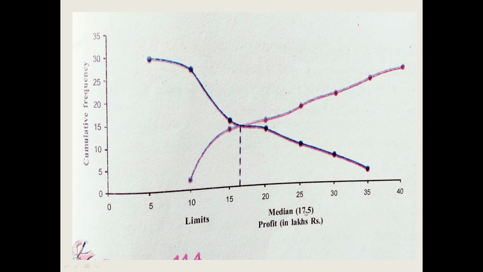Among the three central tendencies, the median is the most accurate value of the given data and gives the exact value. So the median is a very important and accurate value.